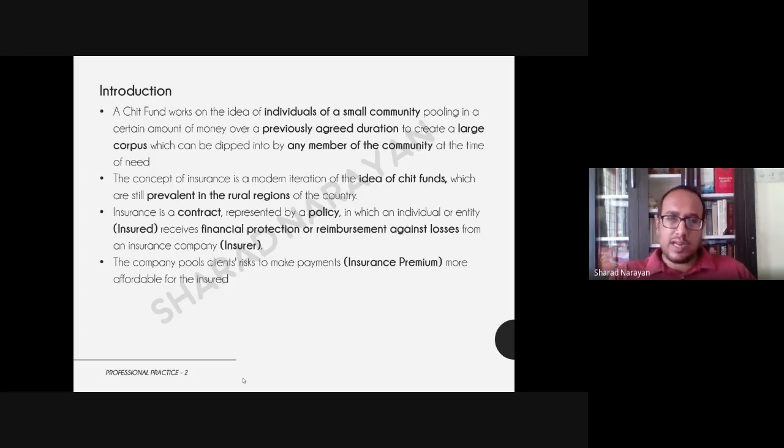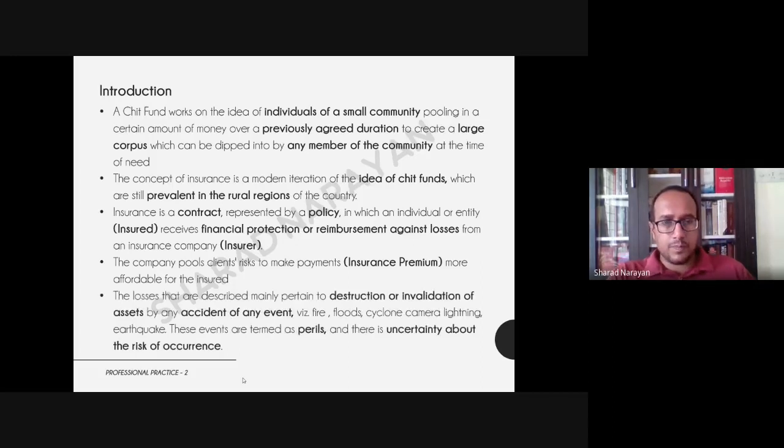All right. Now, again, these are very iffy figures. We are talking about something which maybe even lesser than this, and I'm giving you a general idea of what the idea of insurance is. Okay.